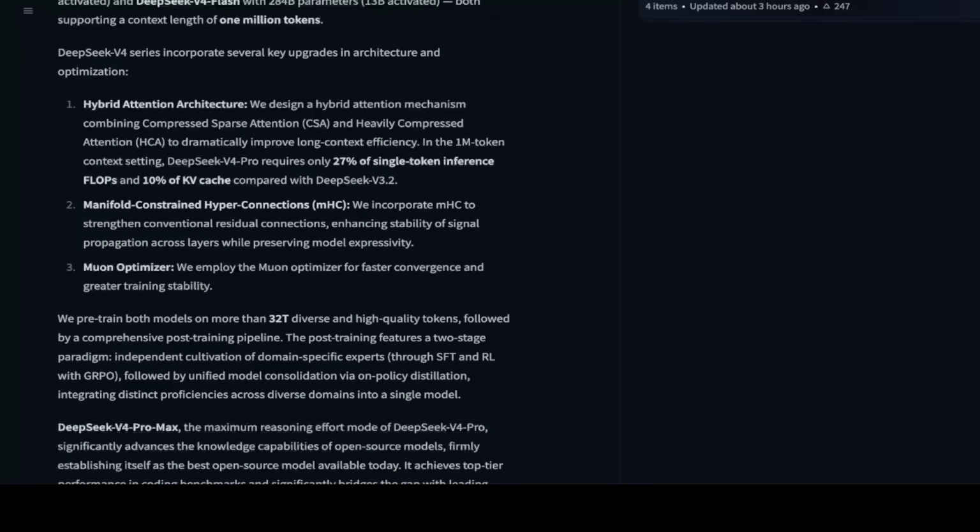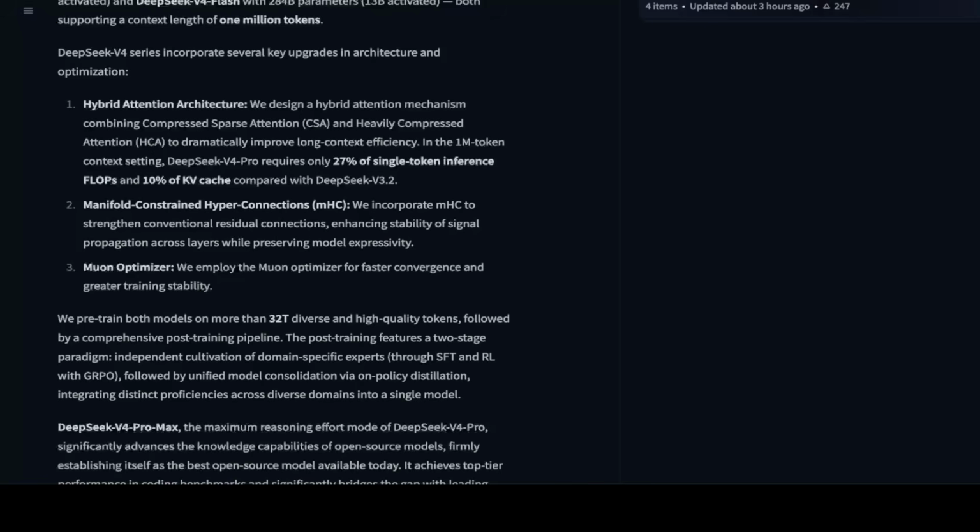So this is basically a compressed sparse attention, CSA, and heavily compressed attention combined approach, and also there's manifold-constrained hyperconnections. So this is an architecture for the connections between different layers. In this way, they actually surpass the traditional residual connections. So we'll talk about that in a little bit.